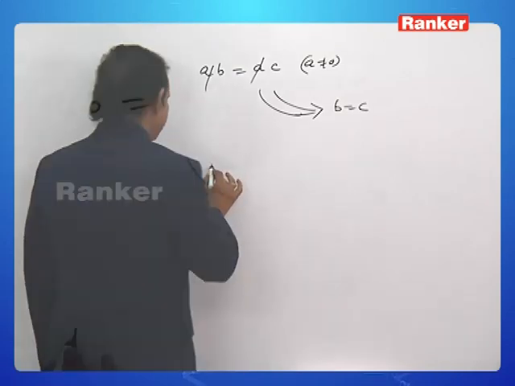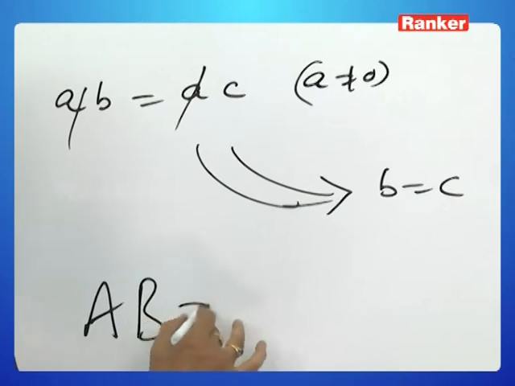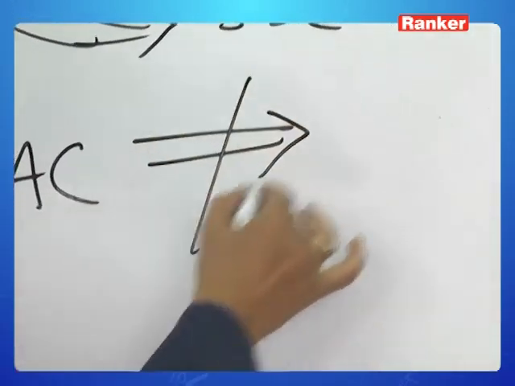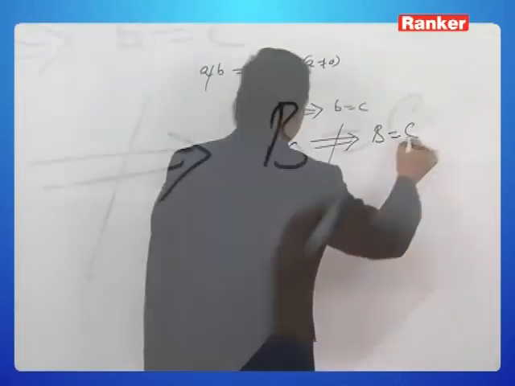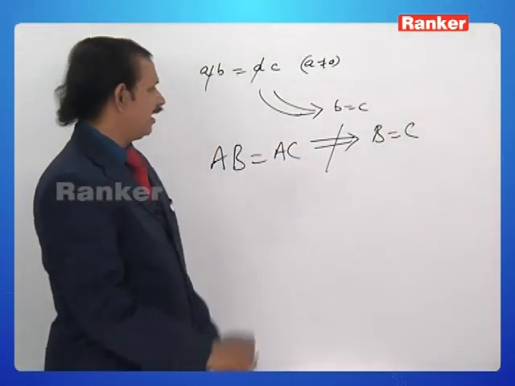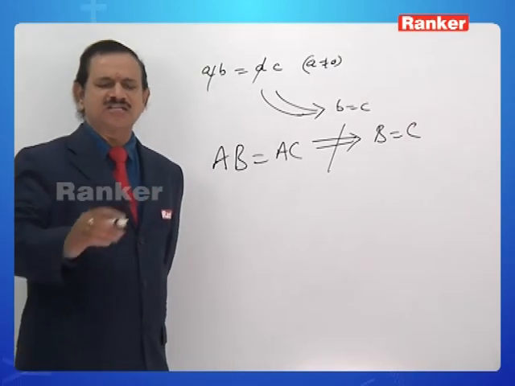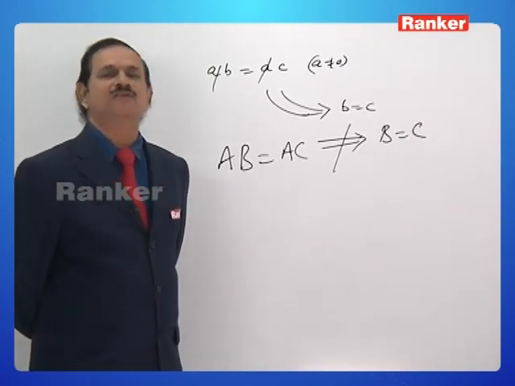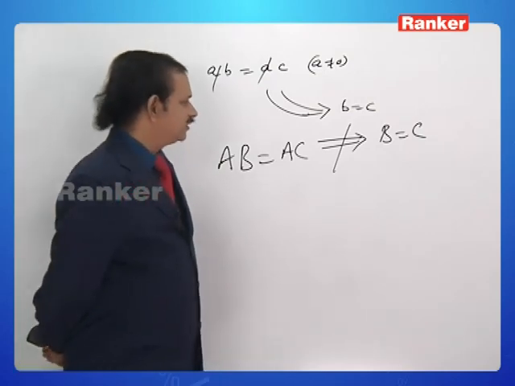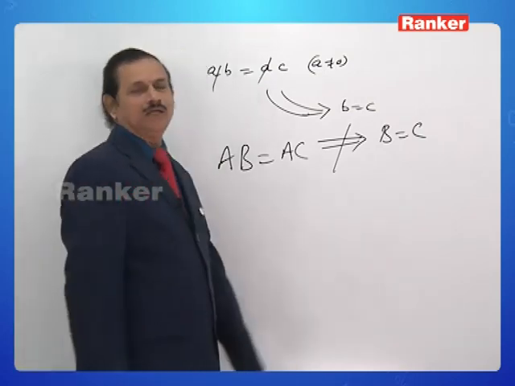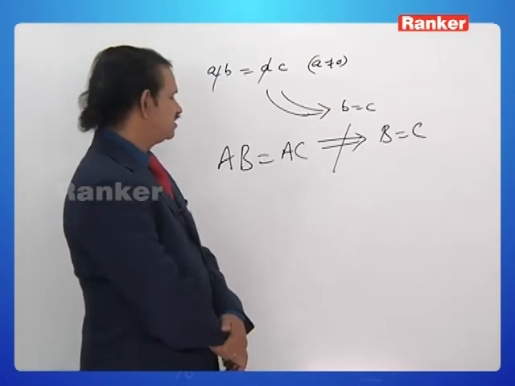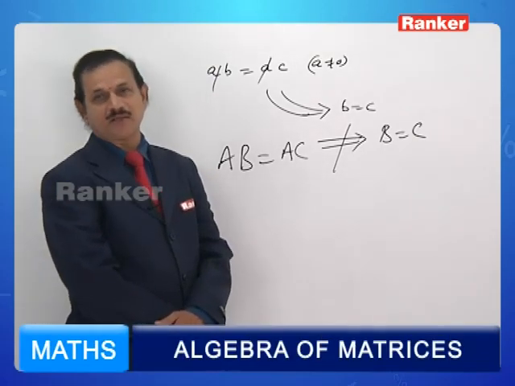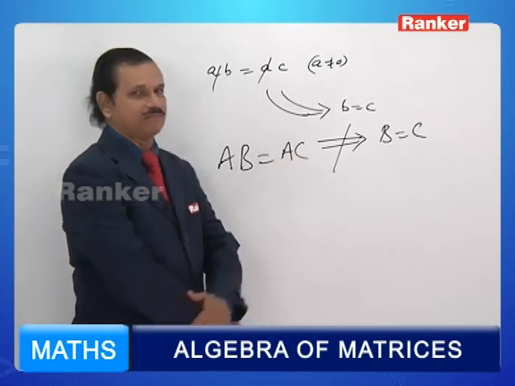You see, in matrices, AB is equal to AC need not imply B is equal to C, irrespective of the nature of A, whether it is a zero matrix or a non-zero matrix. Of course, later on some cases may happen in which this implication might be correct.